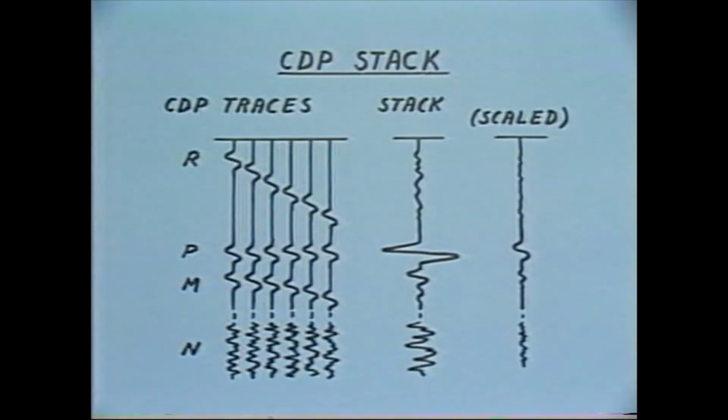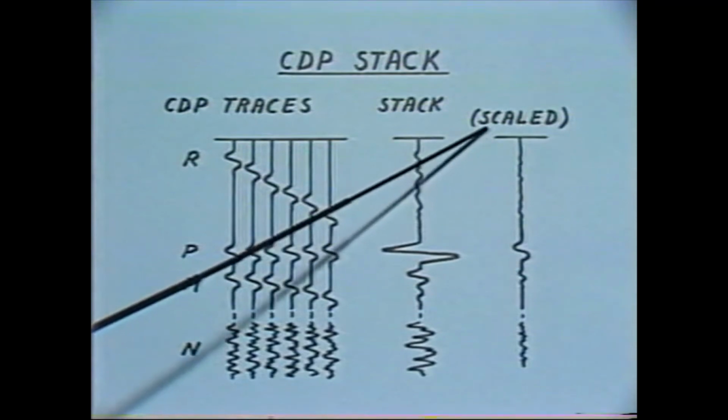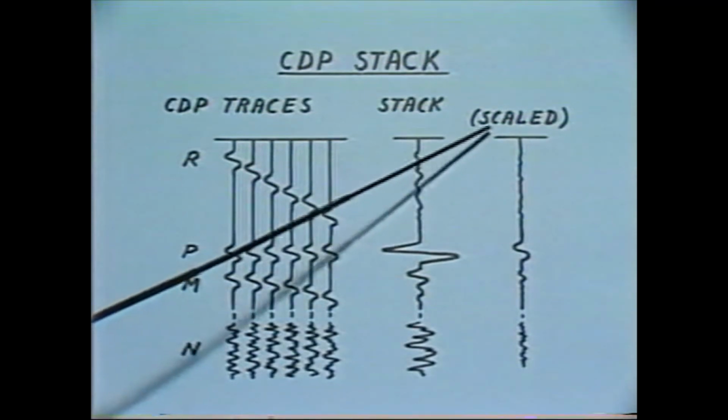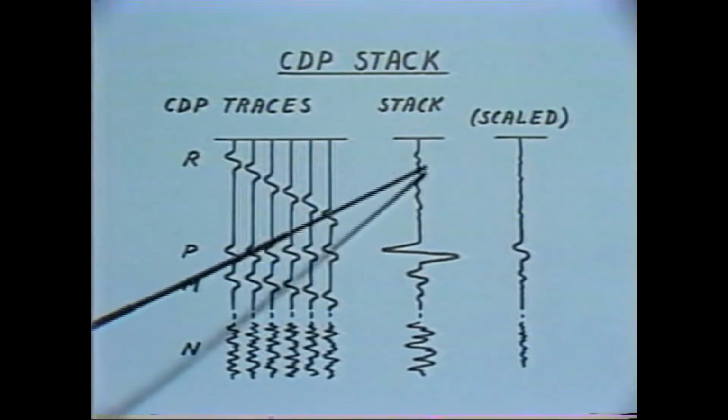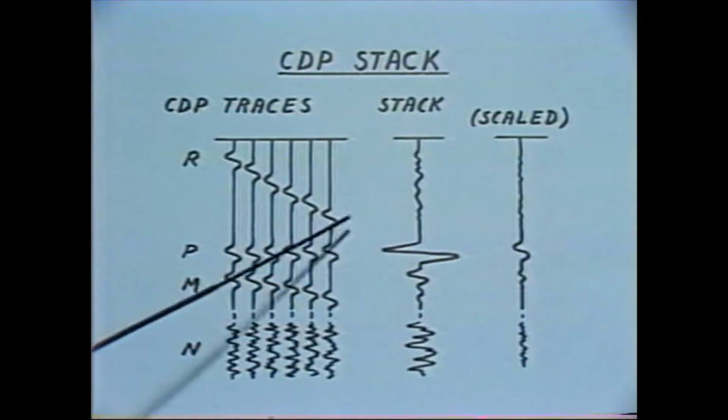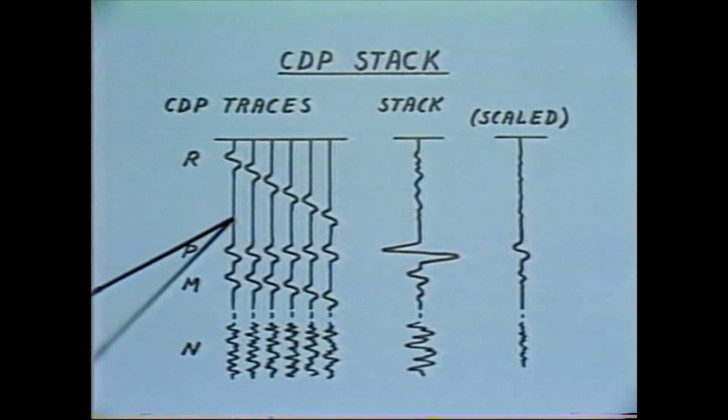Now, the stacked data is not usually left in this case showing higher amplitudes for the primary reflection. It's normally scaled, or sometimes it's called normalization, simply by dividing each amplitude by the number of traces that were summed together.